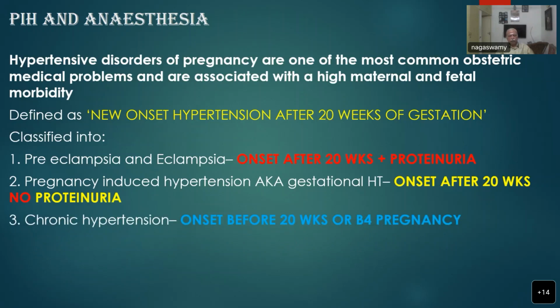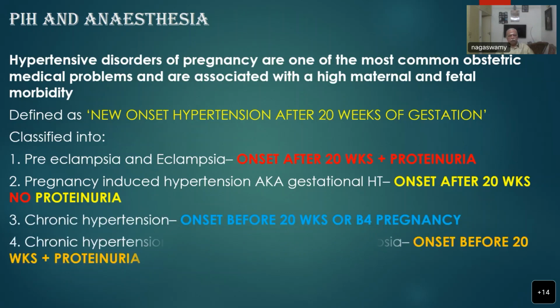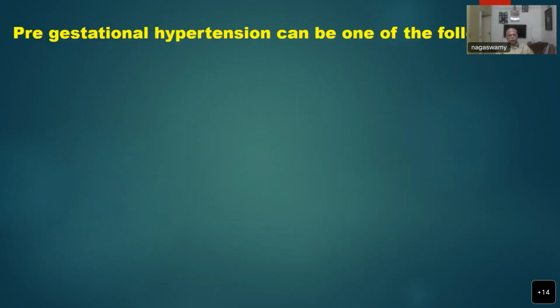Patient may continue to have the same chronic hypertension throughout pregnancy also. Whereas the fourth category is chronic hypertension in which preeclampsia is superimposed. So the high BP has been there even before pregnancy, but after the pregnancy they start developing proteinuria. Then you call it chronic hypertension with superimposed preeclampsia.